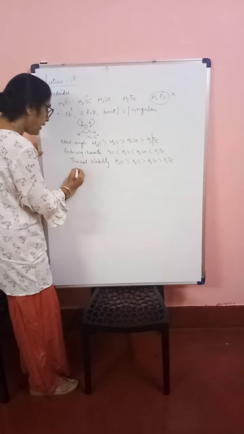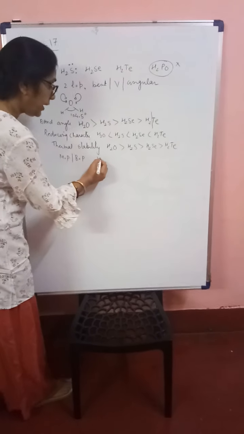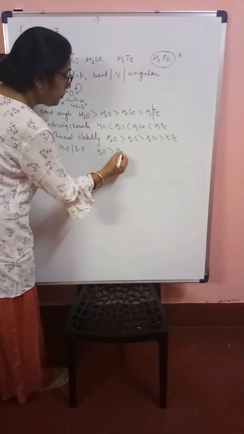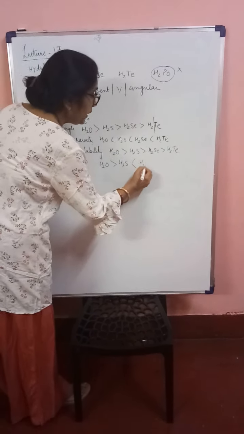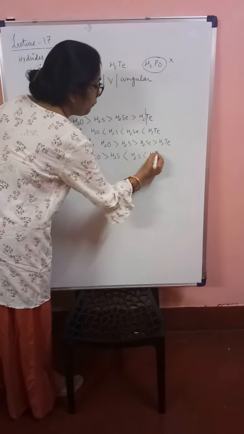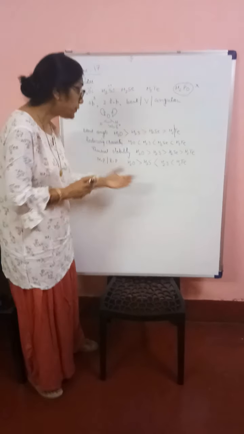And so far as the melting and boiling point is concerned, water has higher melting and boiling point as compared to H2S, but thereafter it increases. Vital and important point, my dear students. So why is it so?